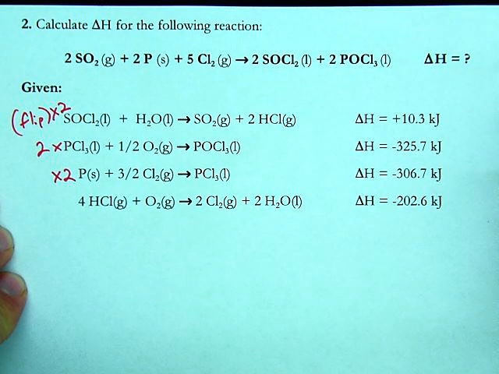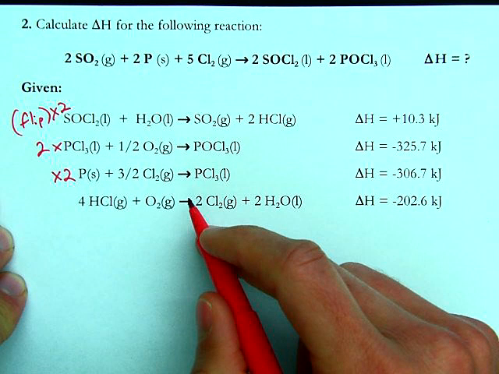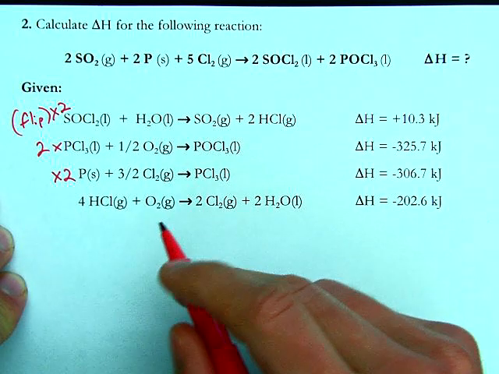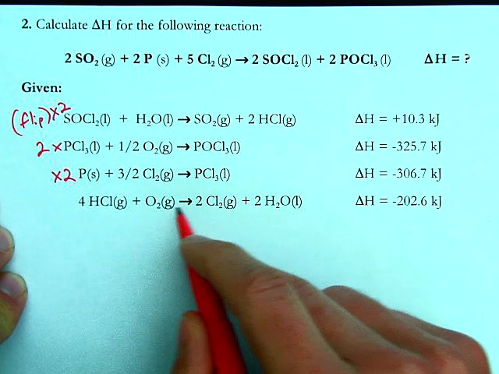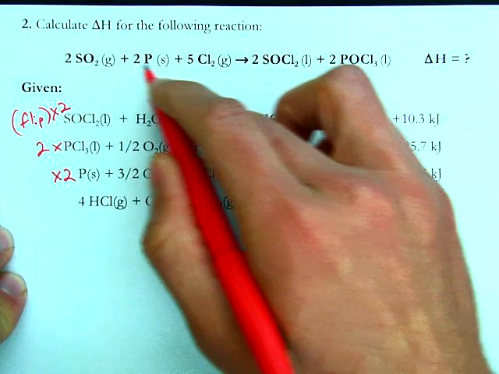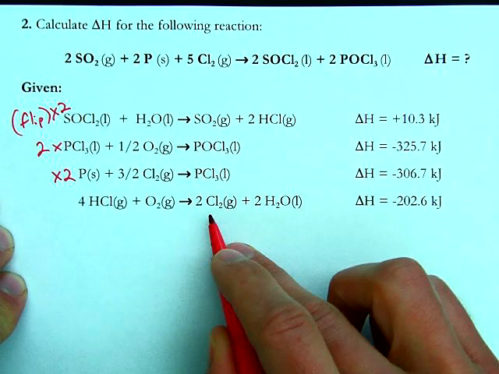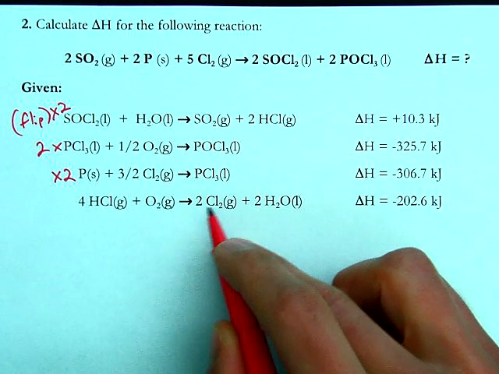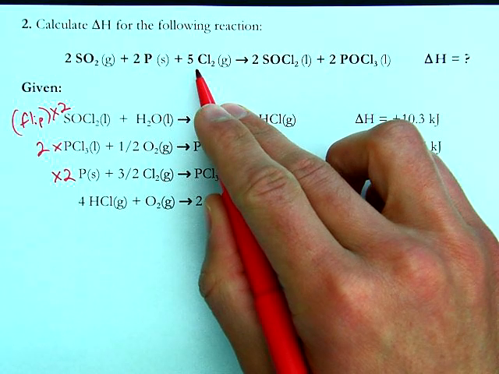Now, the last equation hasn't been involved yet. And another thing that's a little weird is the only thing in this equation that is in this equation is chlorine. Okay? So we know that we need to end up with 5 chlorine.